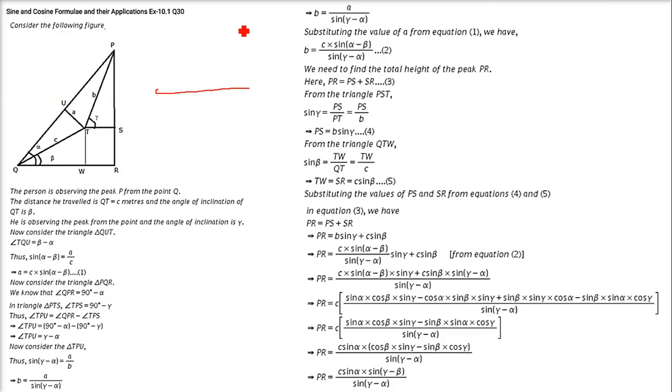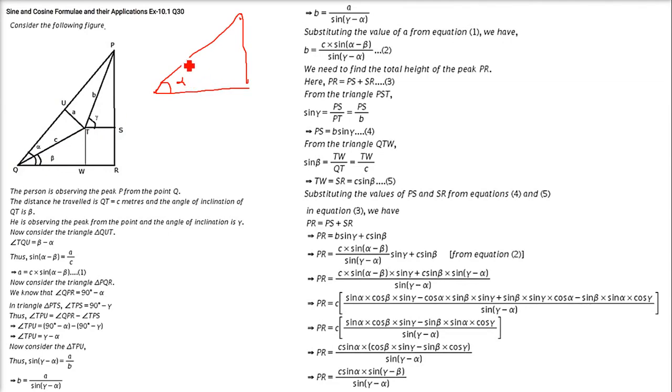When he is watching the top, he is watching at angle alpha. Angle beta, sorry. This is angle beta, and the whole is angle alpha. So this TQU is alpha minus beta.